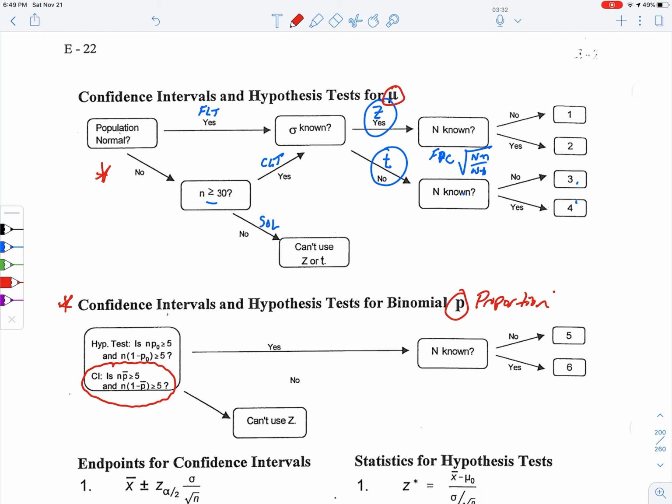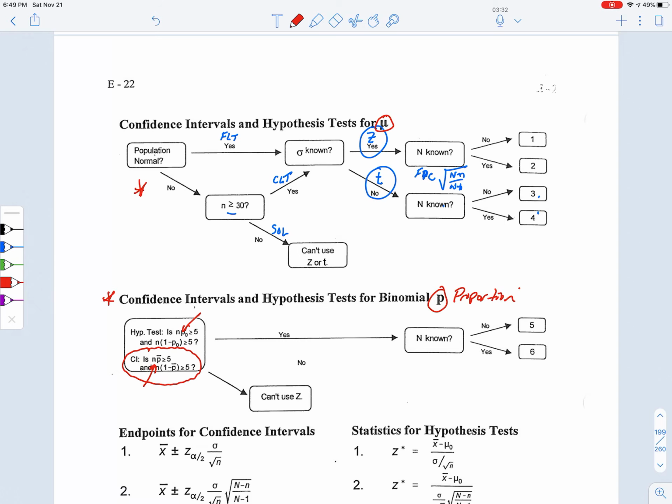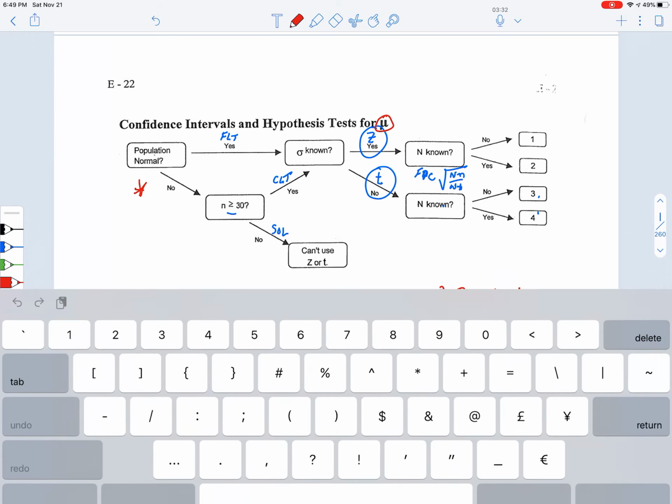Remember the check that we were talking about is n times p at least 5 and n times 1 minus p at least 5. When we're talking a hypothesis test, which we'll look at in Unit H, it will be a hypothesized p. But with a confidence interval, it's the p bar, the sample. So is n times p bar at least 5 and n times 1 minus p bar at least 5.